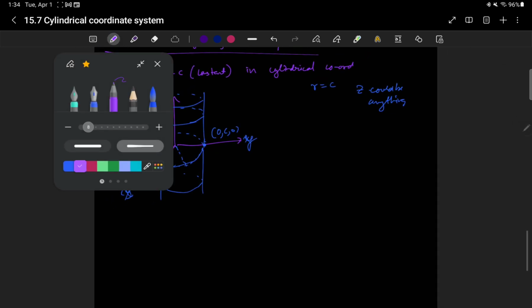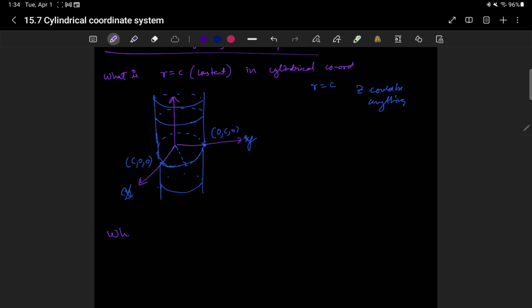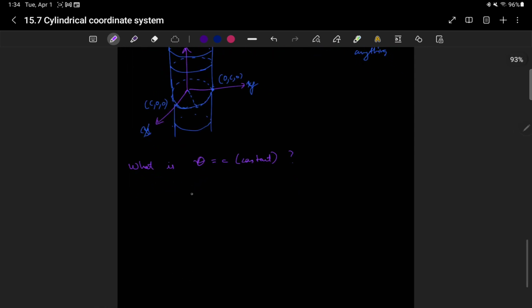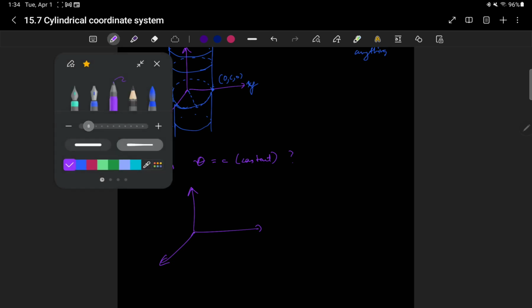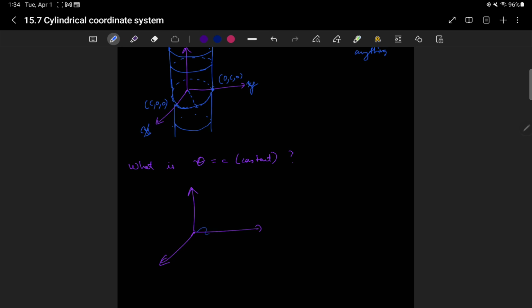The next question to ask naturally is, what is theta equals constant? If theta is constant, it means r is changing and z is changing. Once theta has been set to a constant value, something like c, it's not changing, where we are just over here.